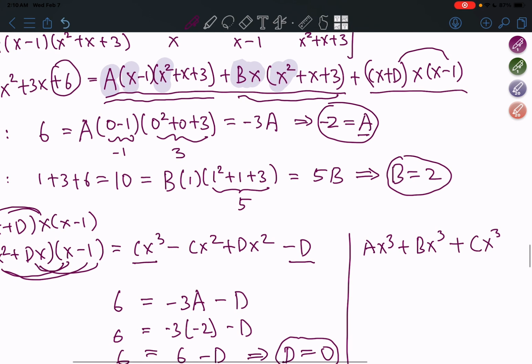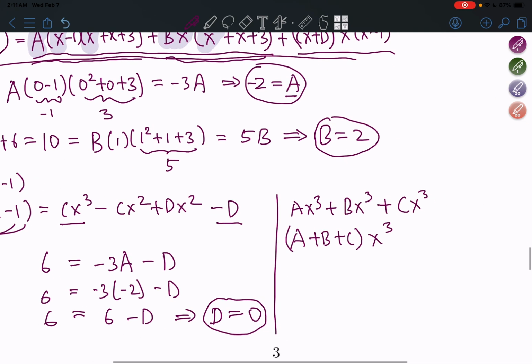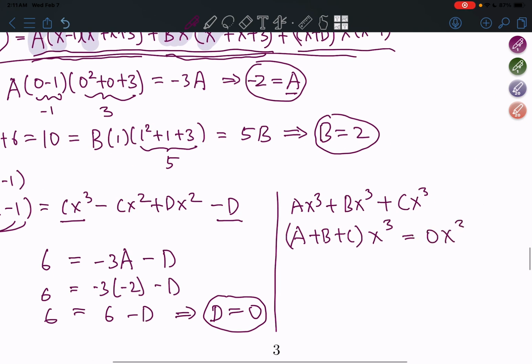So basically, we have a plus b plus c times x cubed on the right-hand side of this equation. On the left-hand side, there's nothing, an invisible 0x cubed.